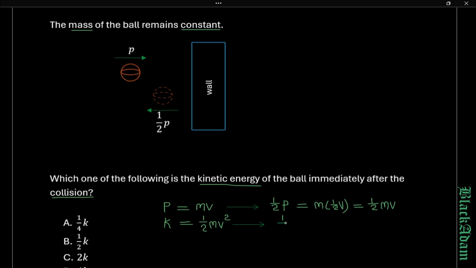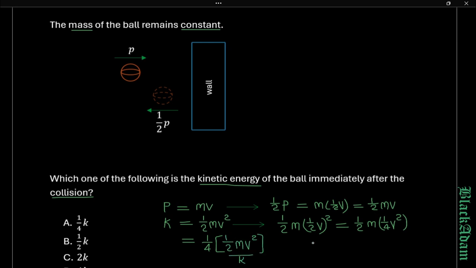So we take the kinetic energy equation and substitute the velocity with half of the speed. That means squared, so half squared is going to be 1/4. Then v squared is v squared. So we rewrite the equation as energy.